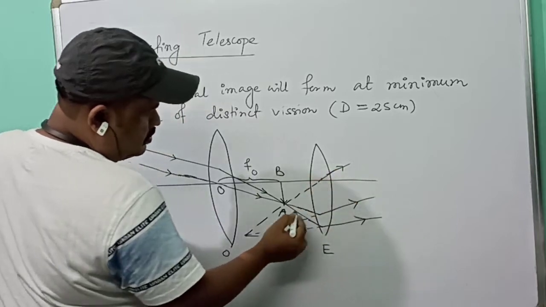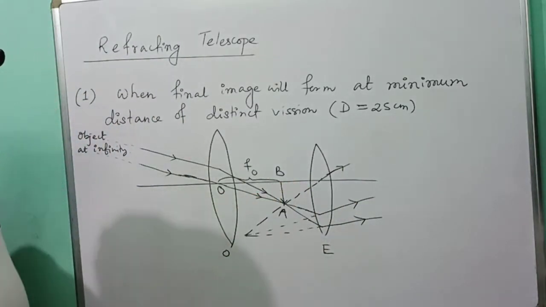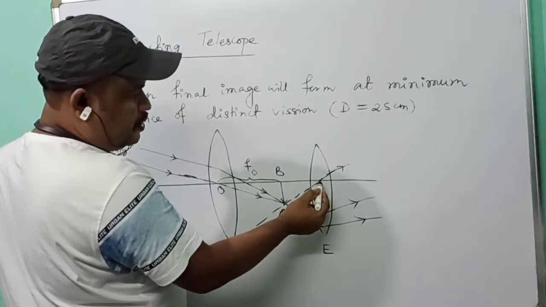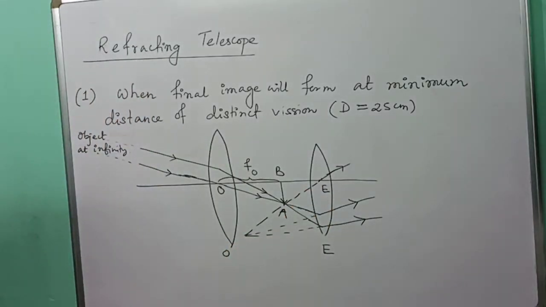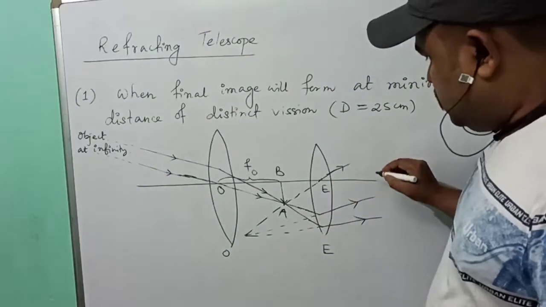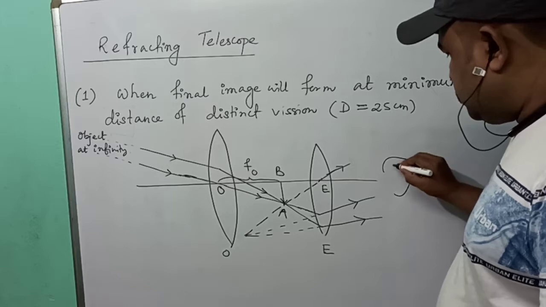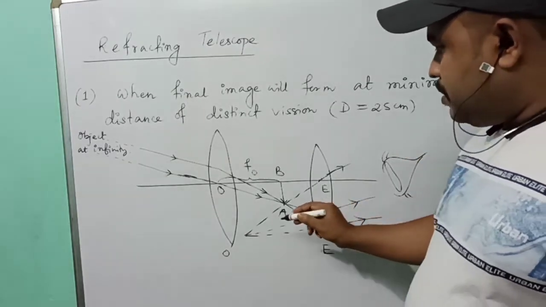Here we are considering one refracted ray passing through the optical center of the eyepiece lens. These rays now diverge, and we can see the magnified image.